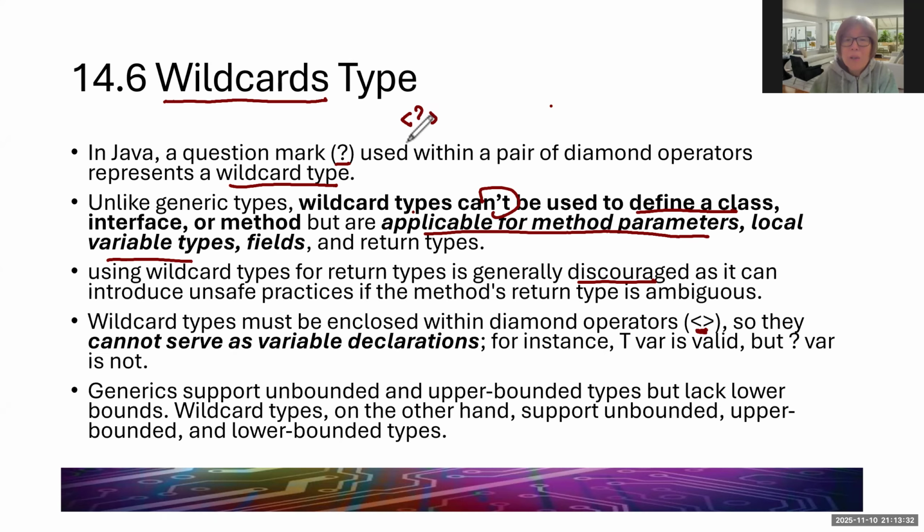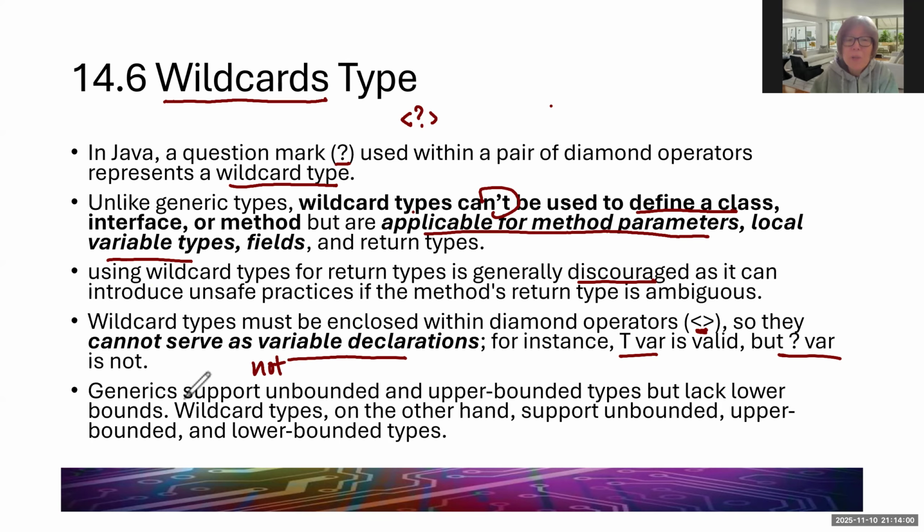Also, even though you can use a wildcard type for the method parameter, you cannot use something like this. So this is allowed, but a wildcard type is not allowed to be used for variable declaration. So this is not allowed.